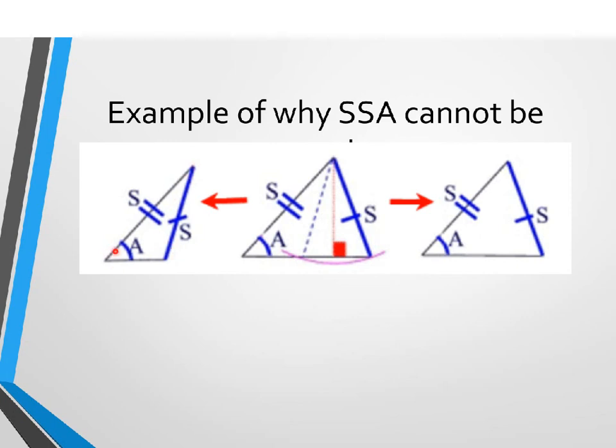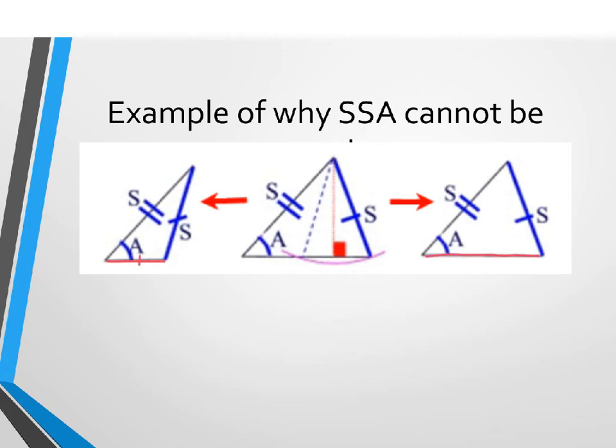This triangle right here is not congruent to this triangle right here, even though we have two corresponding angles being shown congruent, two corresponding sides being shown congruent, and then a third side being shown congruent. This one right here is the same length as this one over here, and these two triangles are not congruent because this side right here is not congruent to this side here.